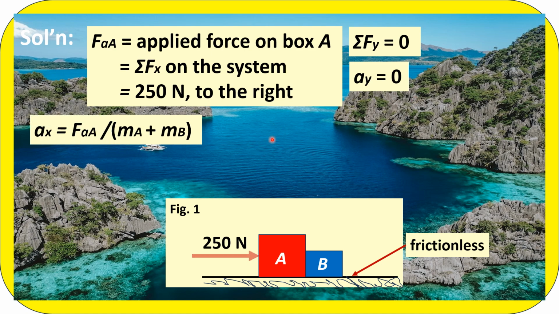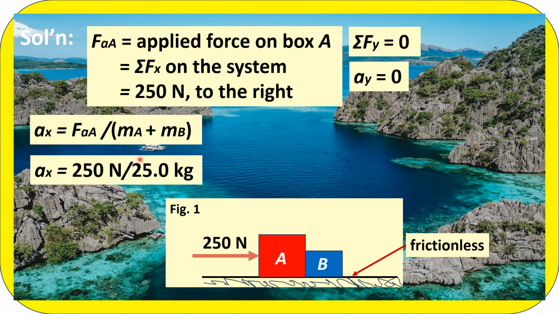And that the horizontal acceleration a sub x is simply the amount of force applied, FAB, divided by the combined masses, MA plus MB, in accordance with Newton's second law of motion.